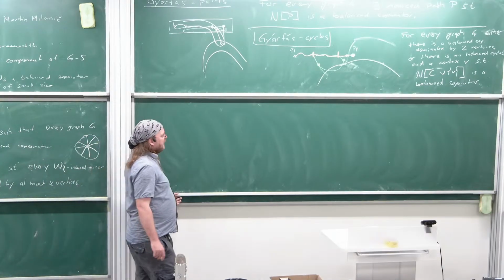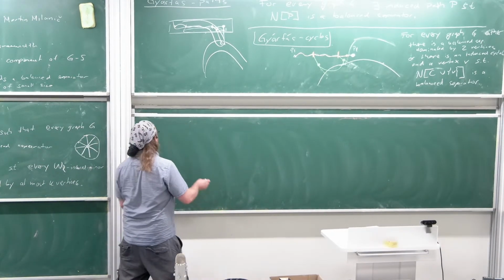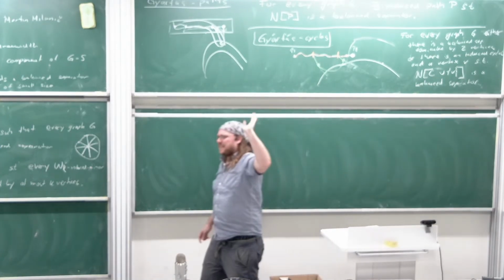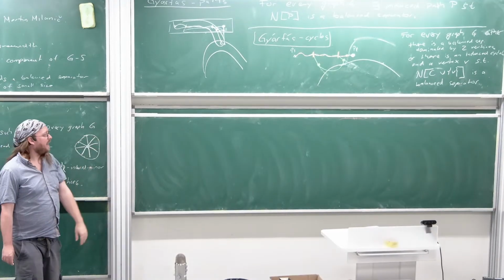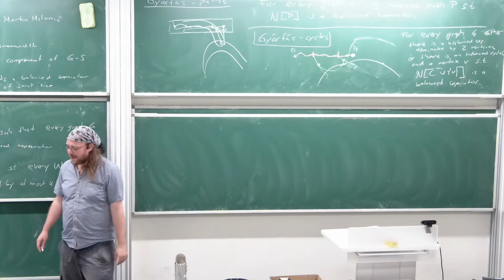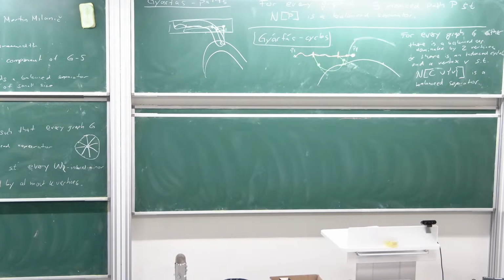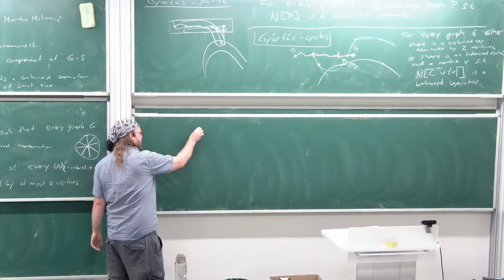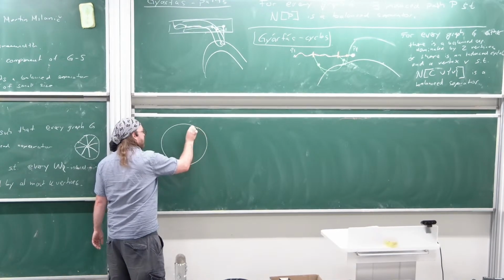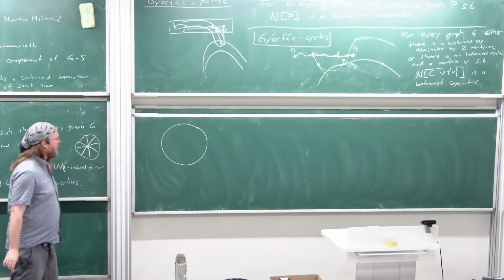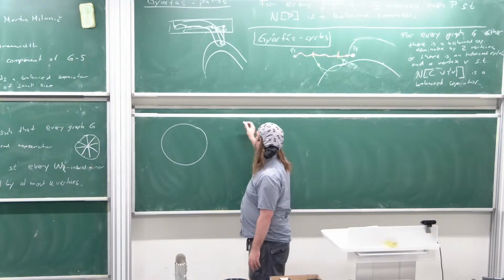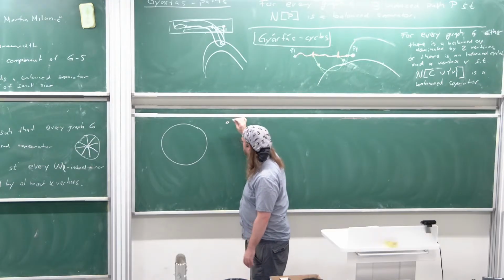So now, here we had the cycle and then an extra vertex. Let's forget that extra vertex for now. Let's just look at the graph where we delete that extra vertex from our graph. We know that we have it in the background if we need to. So now the main idea is, let's say we have our cycle here, and I'll draw the other vertex in there as well.